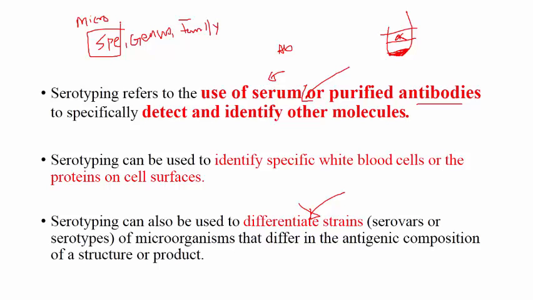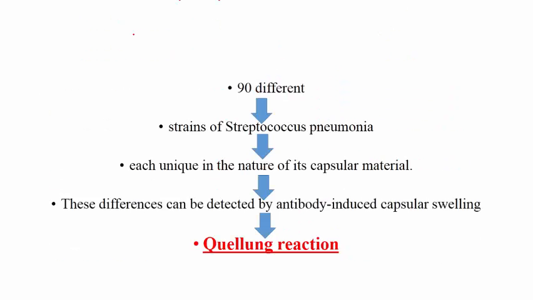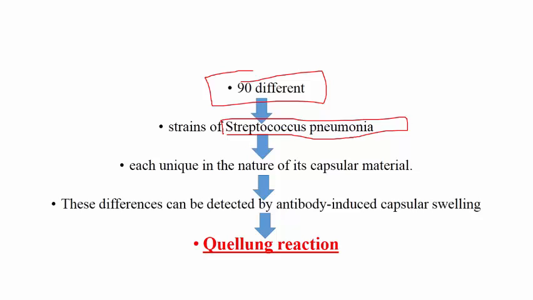For example, there are 90 different strains of Streptococcus pneumoniae, which causes pneumonia infection. They are majorly similar in structure, but this microorganism contains a capsule layer, and the basic difference is found in this capsule layer.